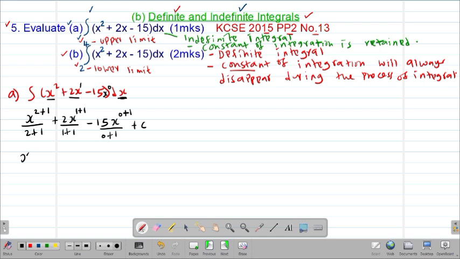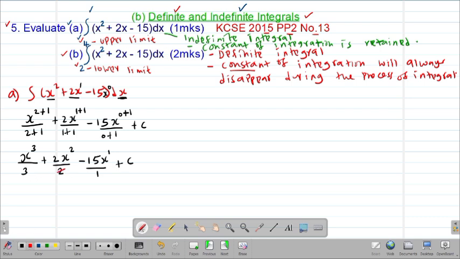So this will be x to the power of 3, that is 2 plus 1, divided by 2 plus 1 which gives 3, then plus 2, x to the power of 1 plus 1 gives 2, divided by 1 plus 1 which gives 2, then minus 15, x to the power of 0 plus 1 gives 1, divided by 0 plus 1 which gives 1, plus the constant of integration.